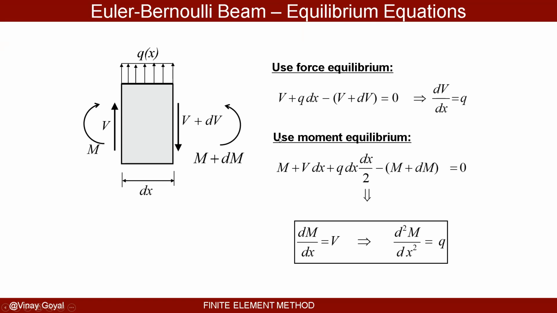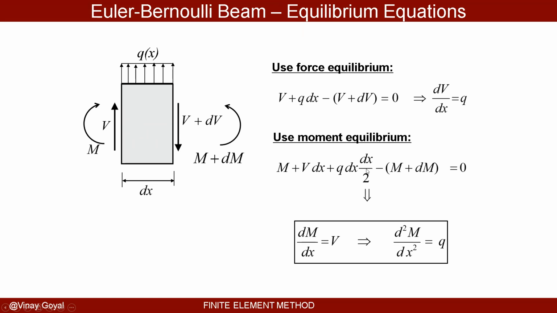We can then calculate the moment equilibrium. In the moment equilibrium equations, we could take the moments about the center; you can choose where you want to take them. Here I've chosen to take the moments about this side so that V plus dV does not show up. So I have M plus V dx, V times this length dx, the lever arm, plus Q dx, which is the force due to this distributed force, times dx divided by 2, because that's the length from the centroid of this distributed force to this face, minus M plus dM, which is the moment on this side at a distance dx.